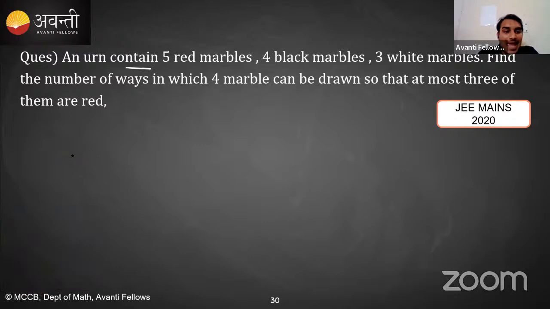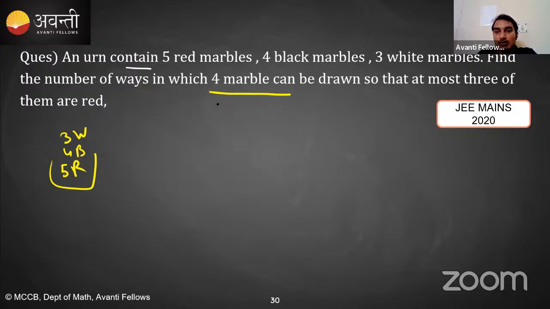Let's say there is a bag, it contains 5 red marbles, 4 black marbles and 3 white marbles. Find the number of ways in which 4 marbles can be drawn so that at most 3 of them are red.